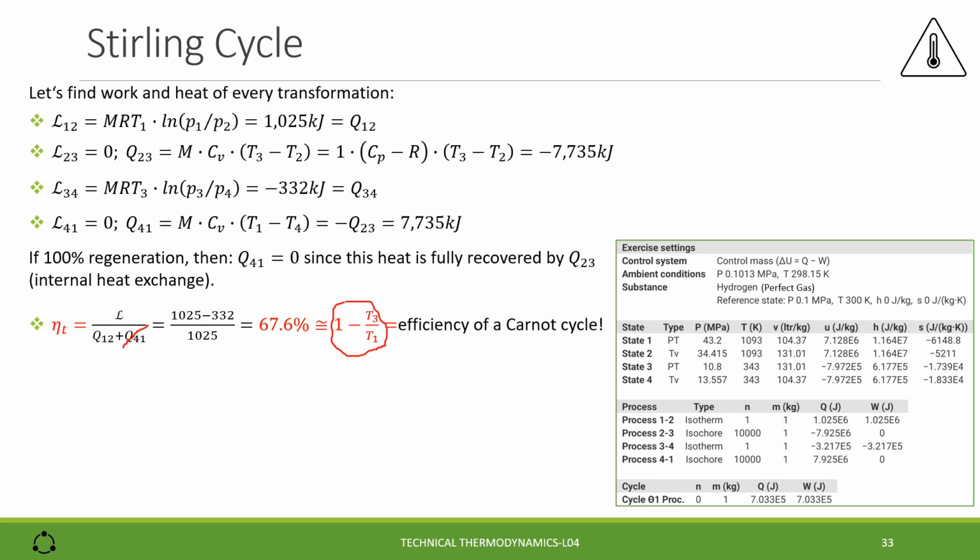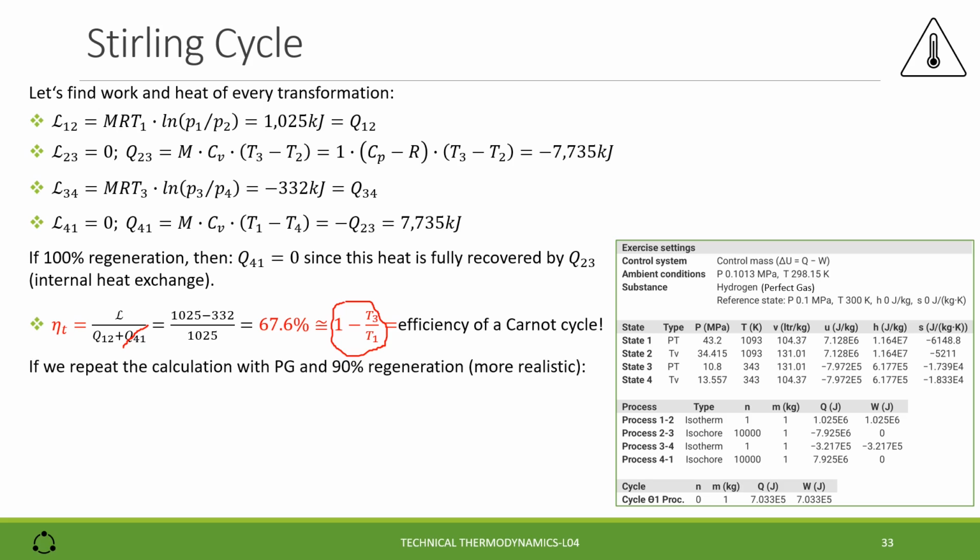Practically, the Stirling cycle with the complete regeneration has the same efficiency as the Carnot cycle, that is the maximum possible efficiency across the given minimum and maximum temperatures.